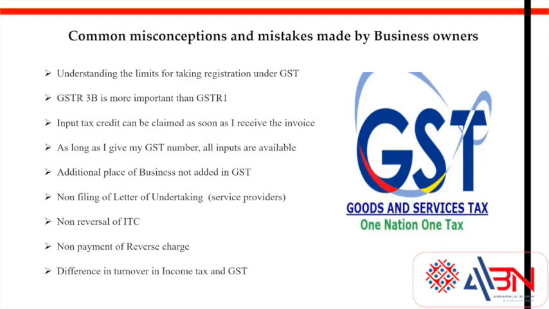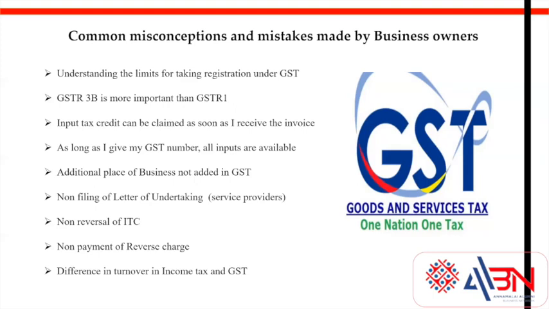Aggregate turnover includes exempt income, taxable income, nil rated income, everything. So whatever is my income, I have two limits. One is 20 lakhs for service providers and 40 lakhs for traders of goods. So if I cross this threshold, I have to pay tax. But on what income? Only on the commercial income.